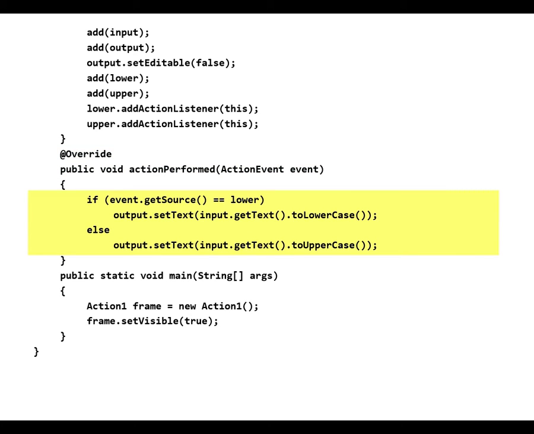Because this method handles the button click events for both buttons, the first step is to check which button was pressed. That is accomplished by invoking the getSource method on the event object that was passed to the method. The getText method is used to extract the string the user entered in the text field input, and the setText method is used to place the converted string into the text field output.